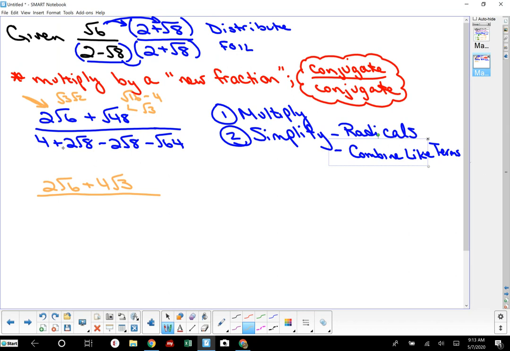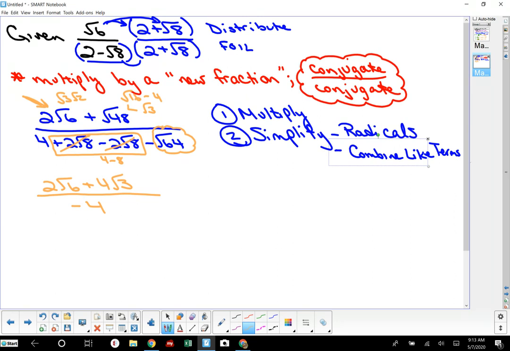In my denominator, the point of multiplying by a conjugate is so that these two things will be the same term with a different sign, so they will cancel each other out. And this guy should be a perfect square. So in your denominator, you have 4 minus 8, so this is a negative 4 down here.